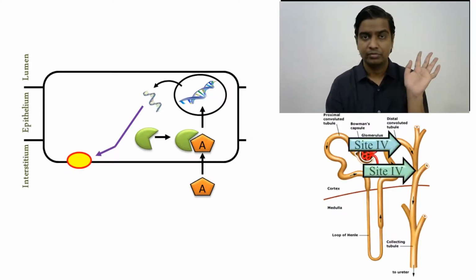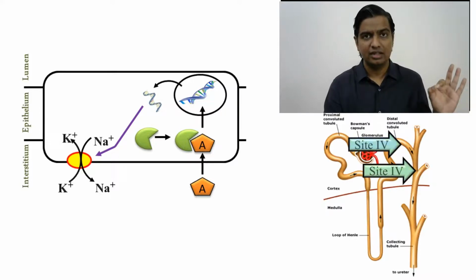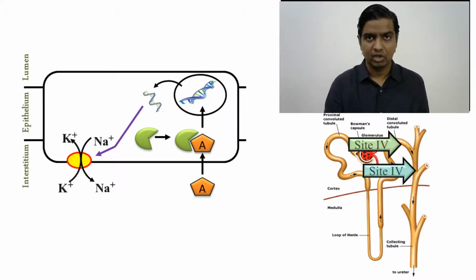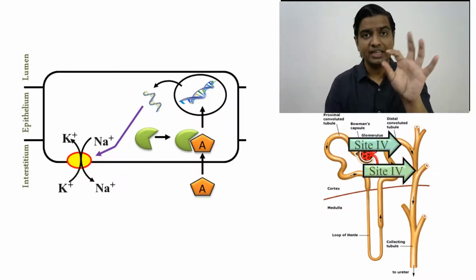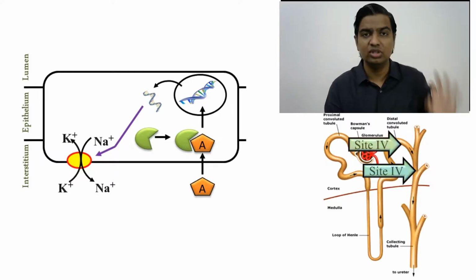Simple. One of the important aldosterone induced proteins is the sodium potassium ATPase pump, located at the basolateral membrane of the distal convoluted tubule and collecting duct. This pump will take sodium from the cell of the DCT and give it to the blood.